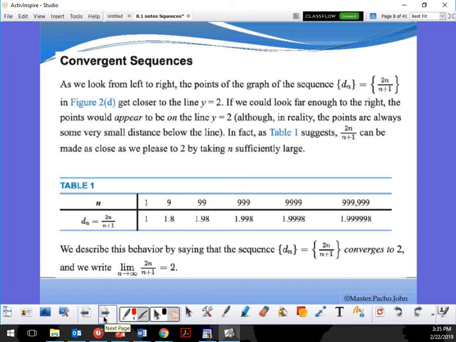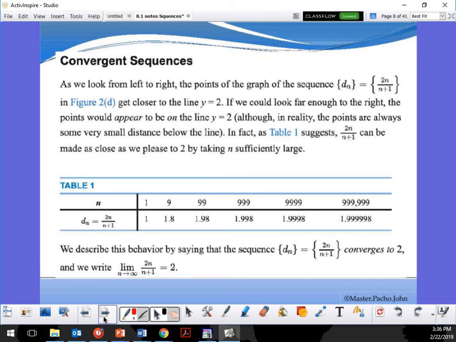Okay, so, convergent sequence. As we look from left to right, because we're starting at positive integers, I'm going from 1 to the right. Looking from left to right at the points on the graph of the sequence d of n equals 2n over n plus 1, we get closer to the line y equals 2.